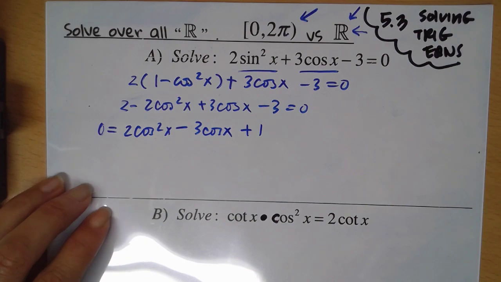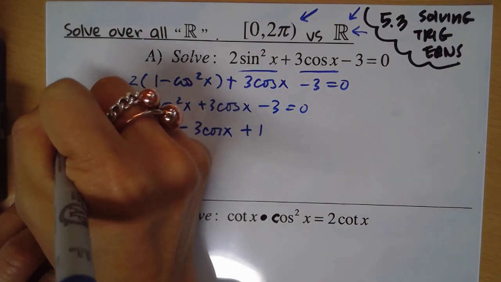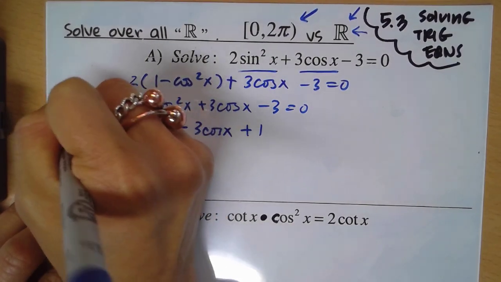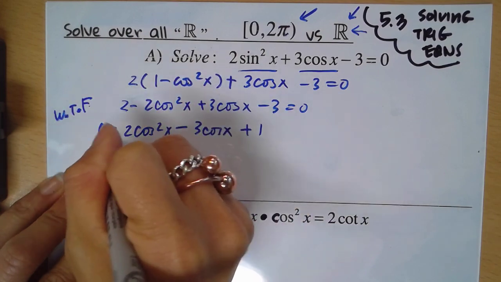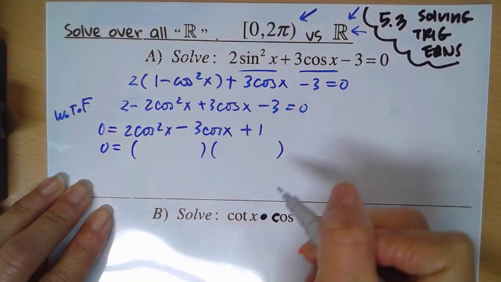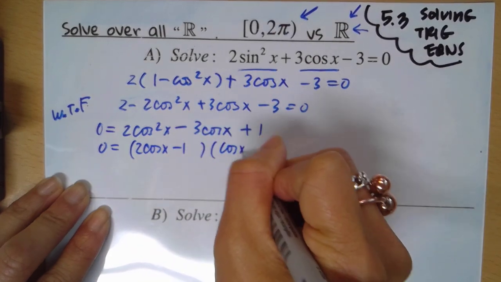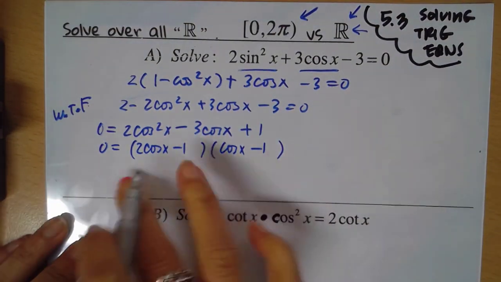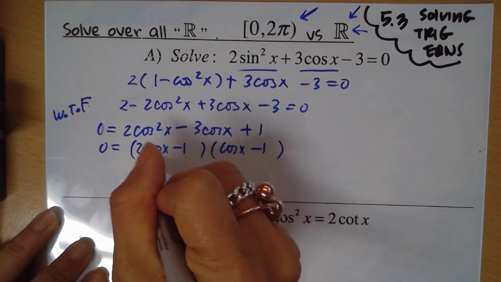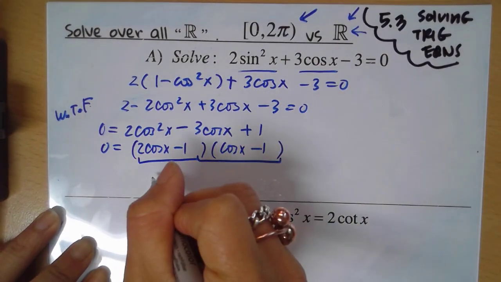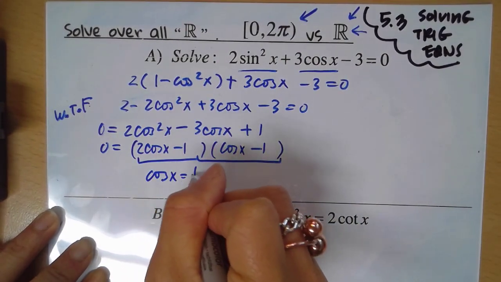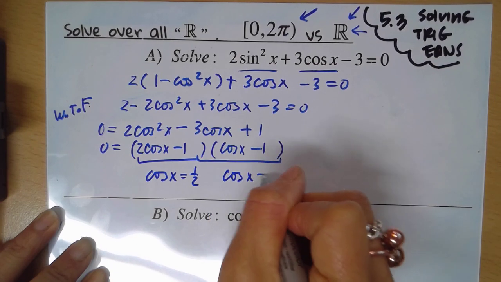Now when I simplify all that, I get 0 equals 2 cosine squared x minus 3 cosine x plus 1. So again, here I go, factor, right? And I factor this out. When I factor it out, I get (2 cosine x minus 1)(cosine x minus 1). Just make sure that you factor that correctly. So when I set each factor equal to 0, I get cosine of x equals 1/2 and cosine of x equals 1.